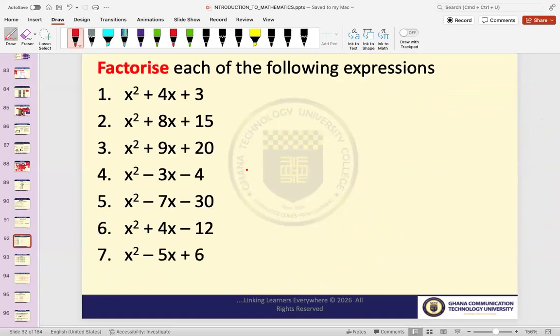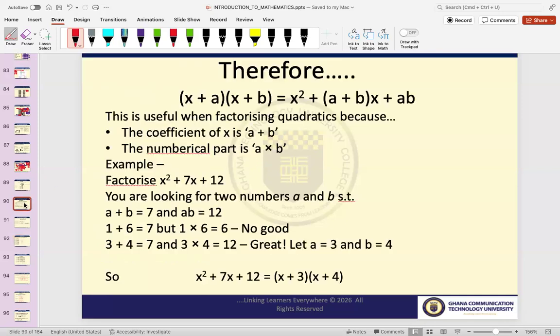All right. So in conclusion, we want to see how we can factorize quadratics out.